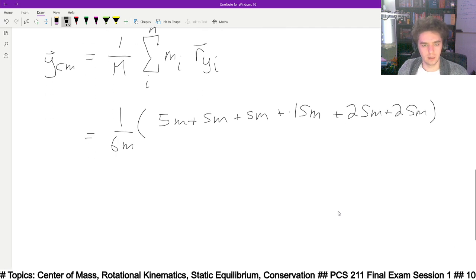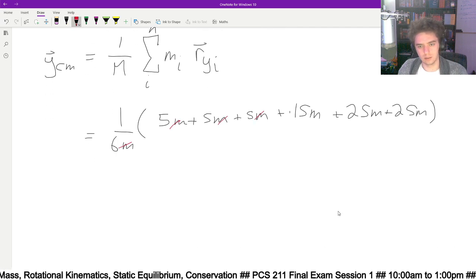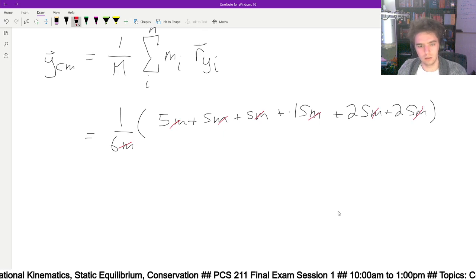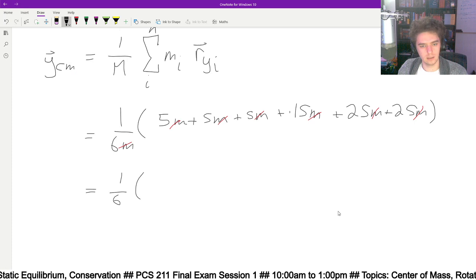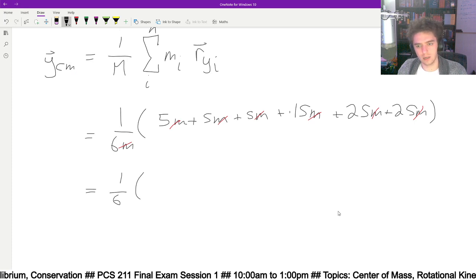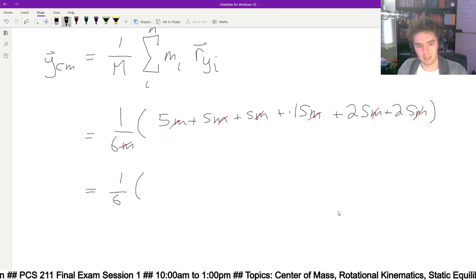Again, similar thing. I'm not going to factor out the m, but you can just see that the m's cancel. So you factor out the m, and they all cancel, and now you just do 1/6 of 15, 30, 55, 55, 60, 80.